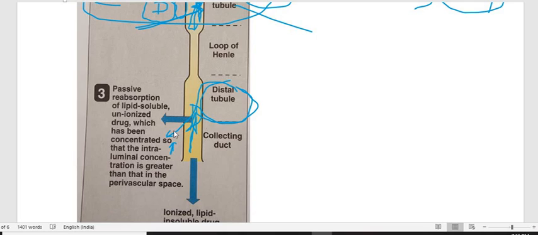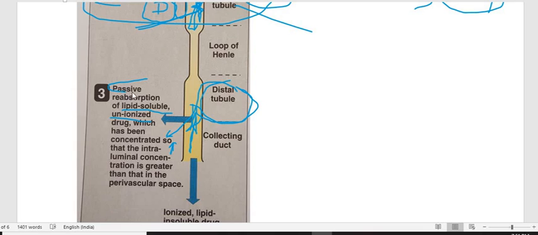So what is the condition for reabsorption? The drug should be lipophilic. Only drugs that are lipophilic and unionized, which come into the lumen of the distal tubule of the kidney, get reabsorbed. This is called passive tubular reabsorption.